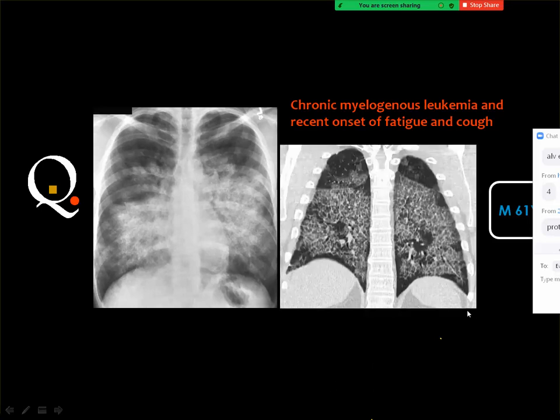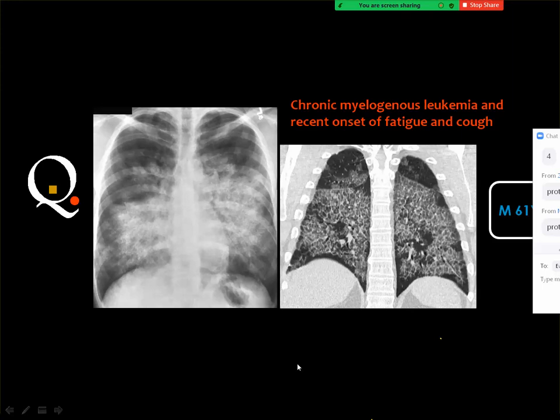Then whenever you see this appearance, which is typical of proteinosis, the crazy paving pattern, then you are right to diagnose proteinosis.